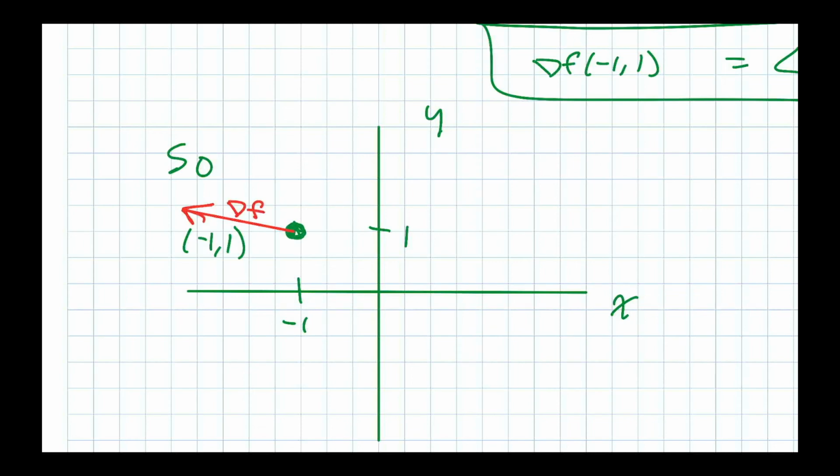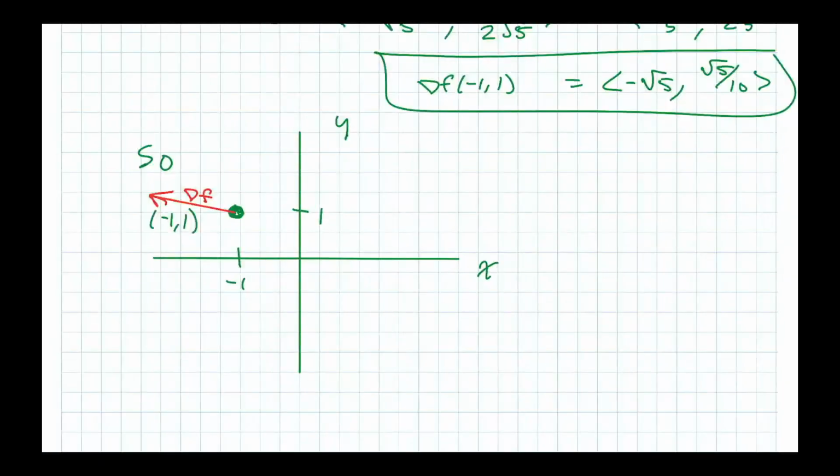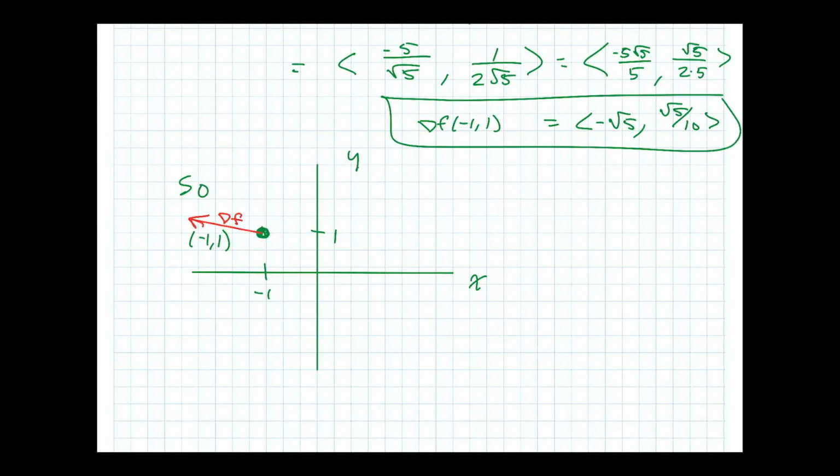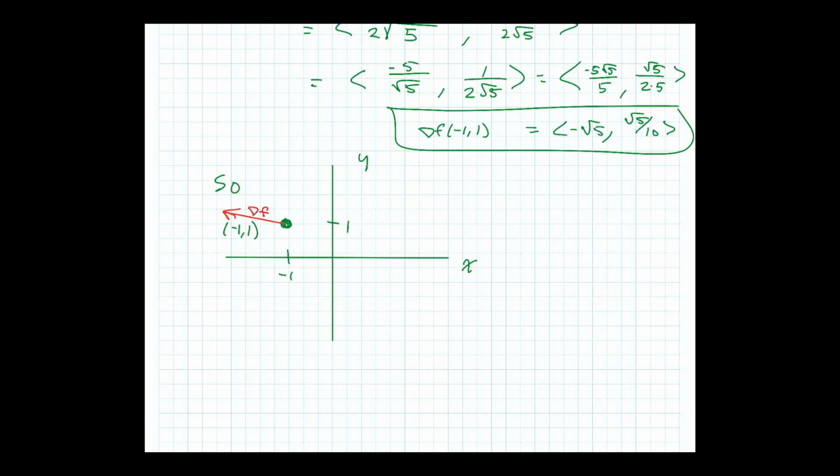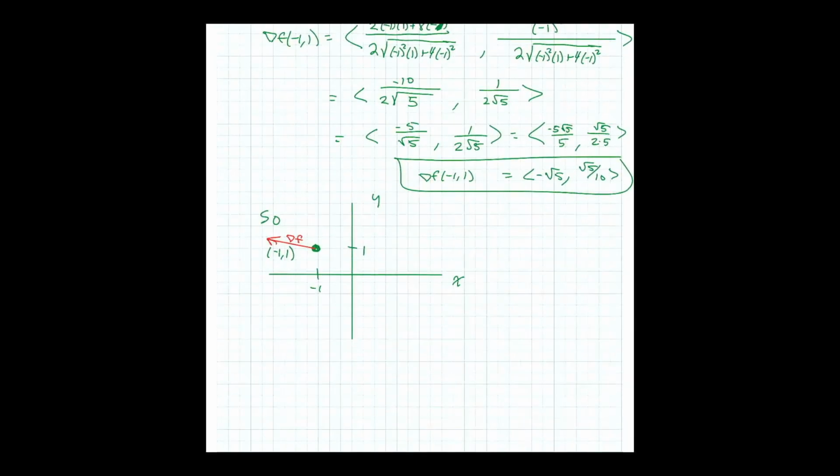Now, what we want is 90 degrees away from that, though. So we need somehow to find something that's 90 degrees away from that. Also, they want a unit vector, which means we're going to have to find a unit vector in that direction. Okay, so let's continue on. So that's the gradient.